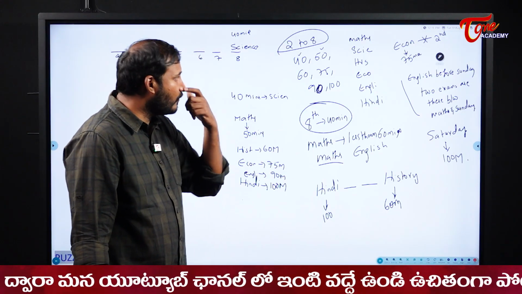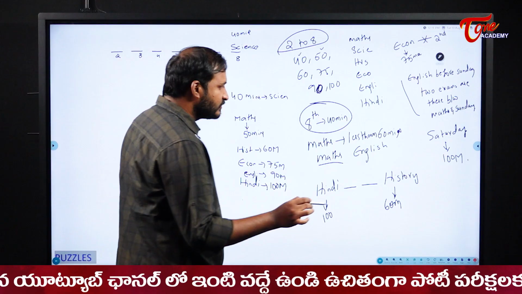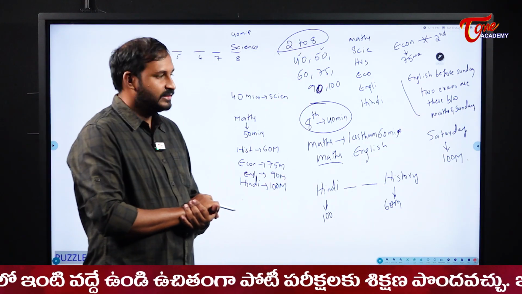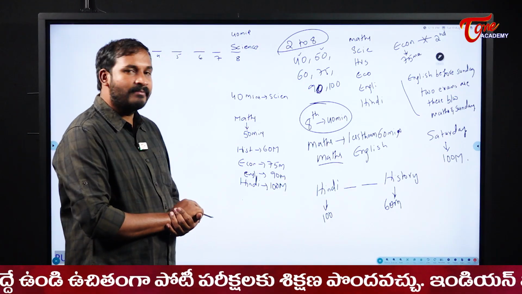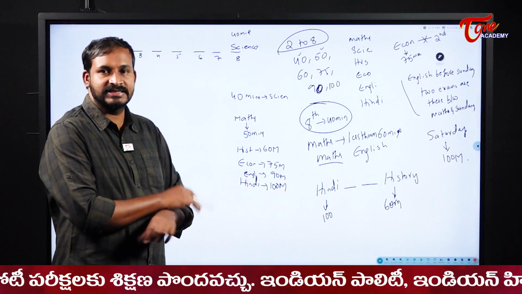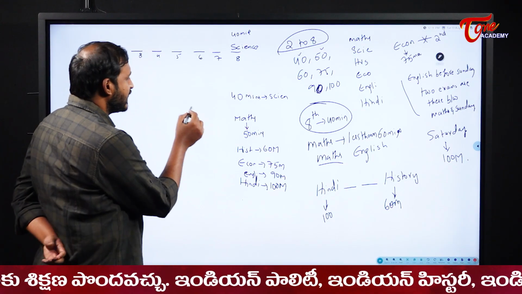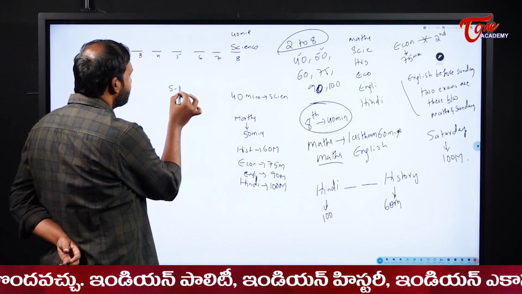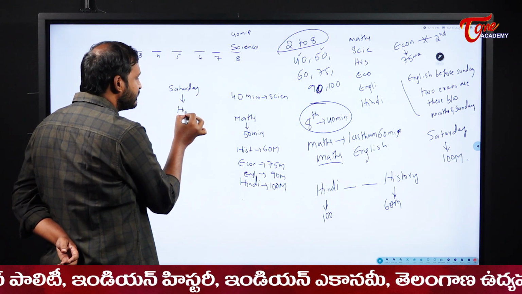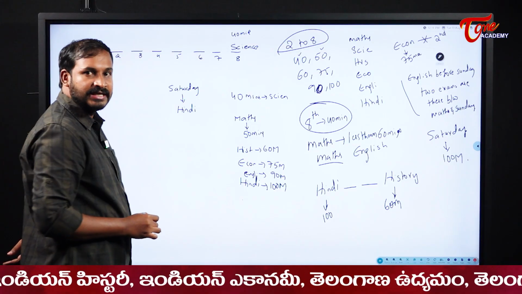English is before Sunday, and remember one thing, students, there will be 2 days between maths and Sunday. So now tell me where I can put maths and Sunday. Very clearly, Saturday it is Hindi examination. Wherever it is Saturday it is Hindi.